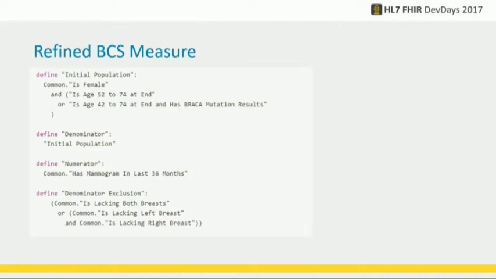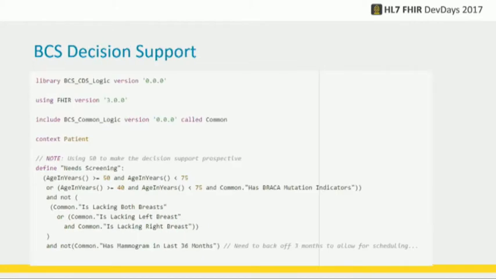So what we have within the decision support is to say, at the point of care, does this patient need screening? One, we have to make that prospective, because we're not looking for whether they had, we're looking for whether they have.